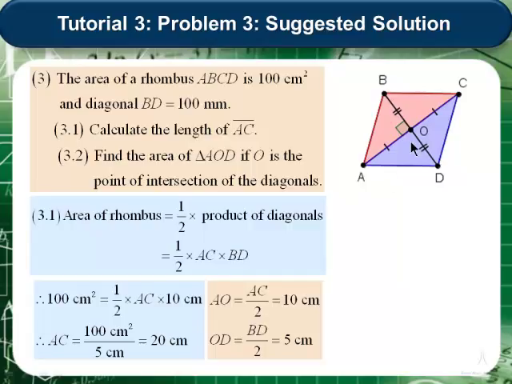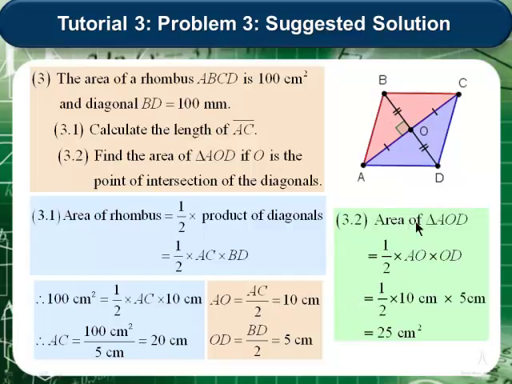We know that this is a right angle triangle, so we can easily find the area if we know AO and OD. But AO is half of AC, so that's 10 centimeters, and OD is half of BD, which is half of 10, and that's 5 centimeters.